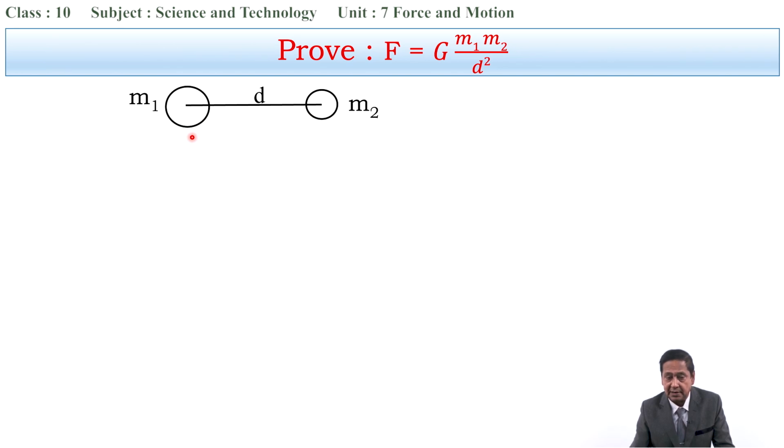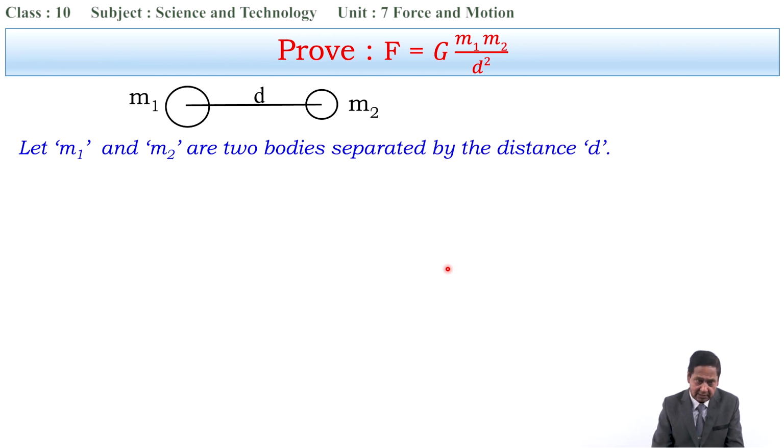Two bodies are taken and the distance between their centers is d. We can write all this. Let m1 and m2 be two bodies separated by the distance d.